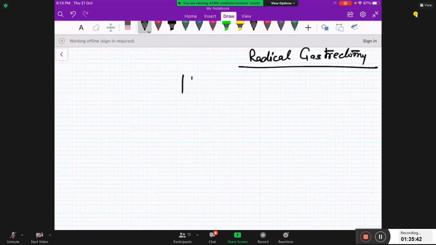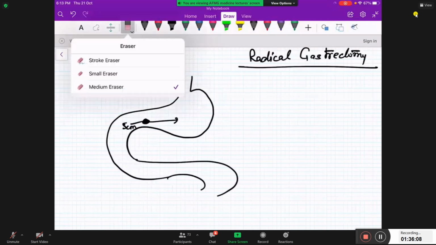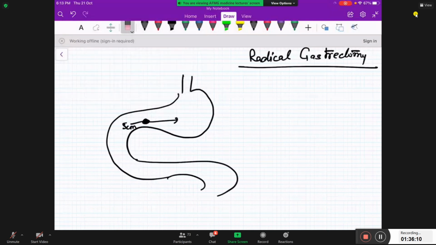Imagine there is a growth here. Okay, and you are doing a surgery for this growth. There is a malignant growth, and you are doing a surgery. You are going to take a 5 centimeter proximal margin. You are going to take a 5 centimeter distal margin. And you will remove D2 lymph nodes also. So that means after this surgery, something will be like this.